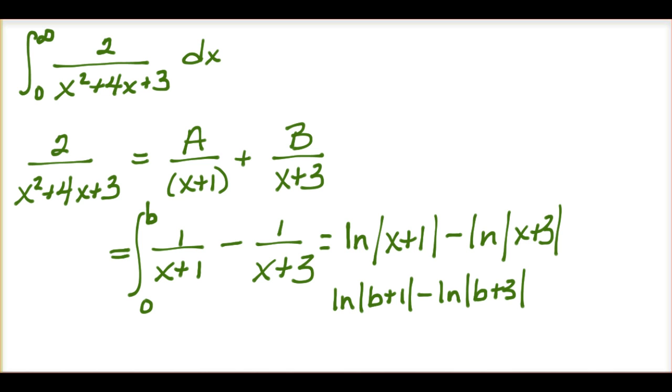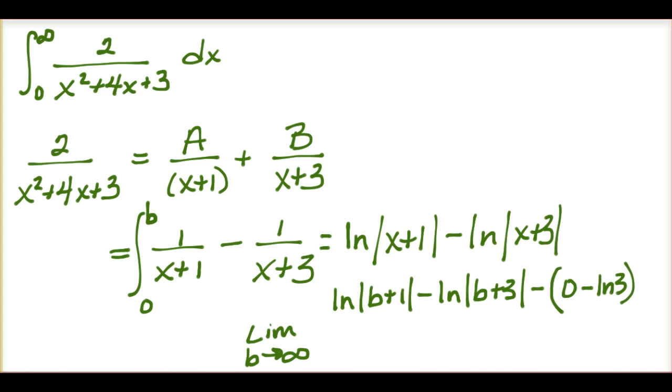If I stick in 0, I'm going to get the natural log of 1, which is 0, and the natural log of 3. So now the last thing to do on this problem is to take a limit as b approaches infinity.